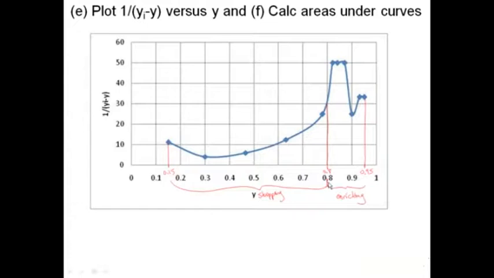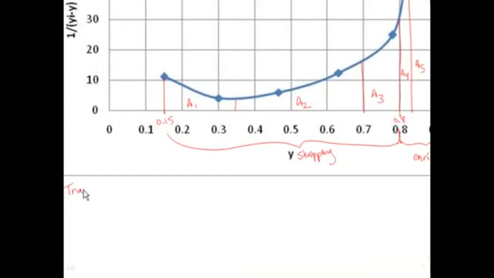To determine the area under this, I used the trapezoidal rule, and I used a whole bunch of areas. And I had area 1, area 2, area 3, area 4, area 5, area 6. And let me show you how I got the area in each one of these. So for the trapezoidal rule, you could also use Simpson's rule. The area equals h times b1 plus b2 over 2.